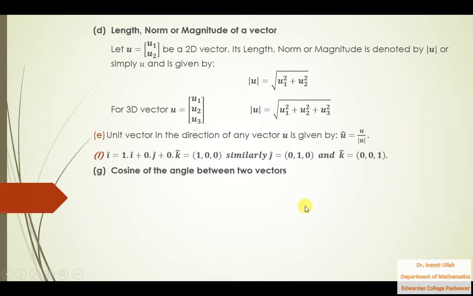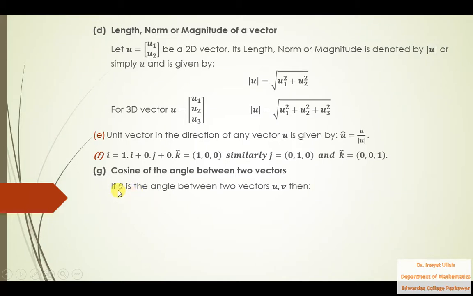And the next one is the cosine of the angle between two vectors. If you are asked to find the cosine of the angle between two vectors, that is given by a formula.